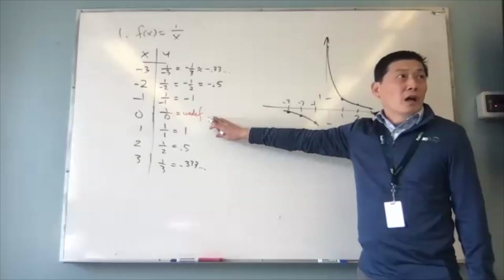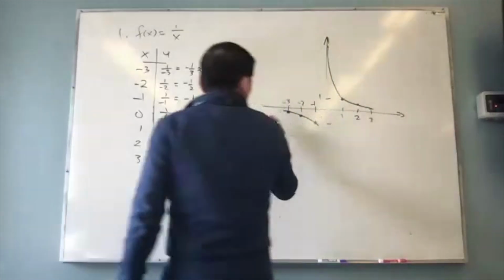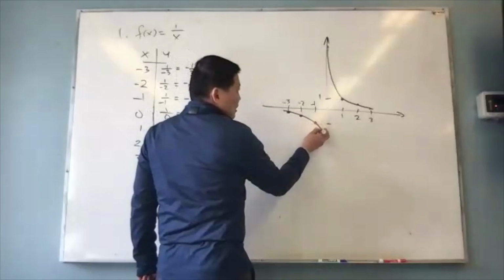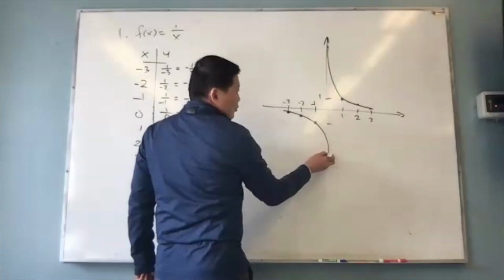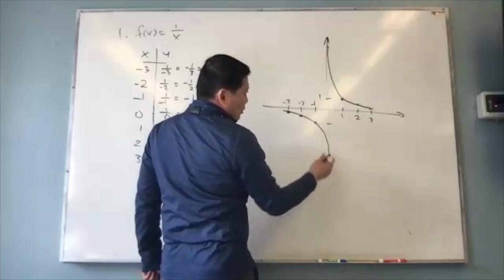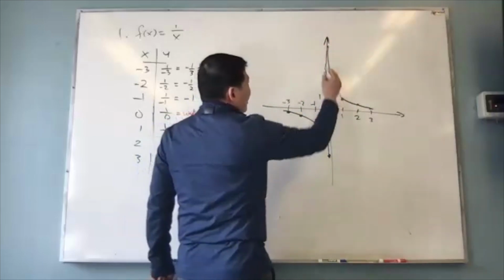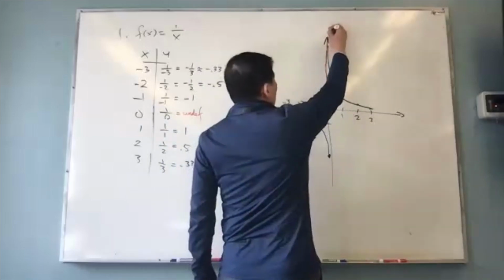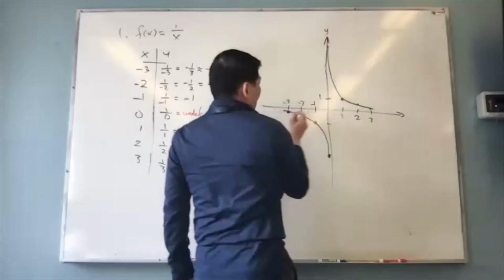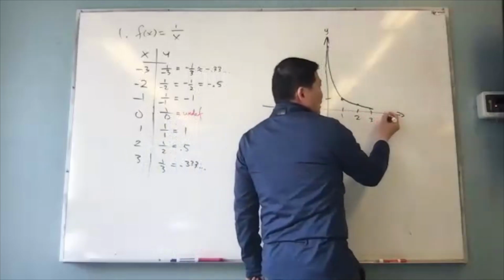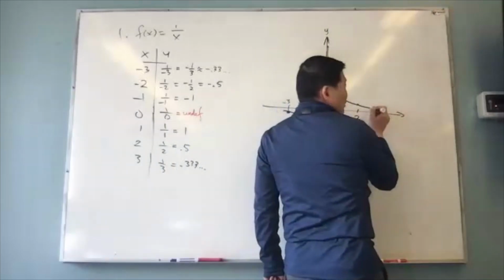It doesn't have a real value. Does that make sense? And over here in the same way, it's going to go drastically low without ever touching the y-axis. I'm sorry, I keep saying x-axis. Y-axis.